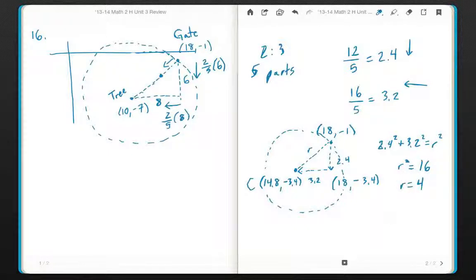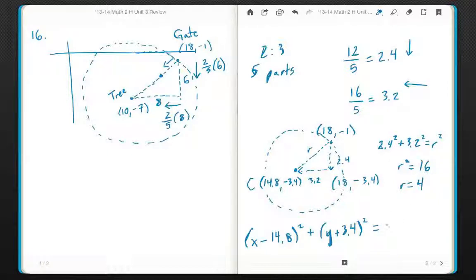So to write the equation for the new farm circle, again, they're trying to build a fence, so they're just coming up with an equation to represent where the fence will actually be located. And the equation for that circle is x minus the x value of the center, 14.8, and square that, and add to that y minus -3.4, and if you subtract negative, that's the same as adding, so I'm going to change that to y plus 3.4 squared, and all that has to equal the radius squared.